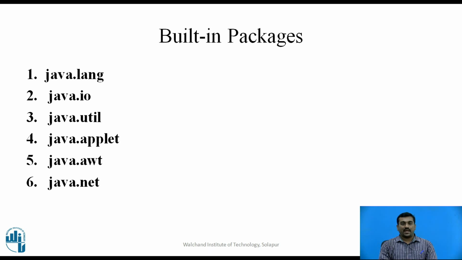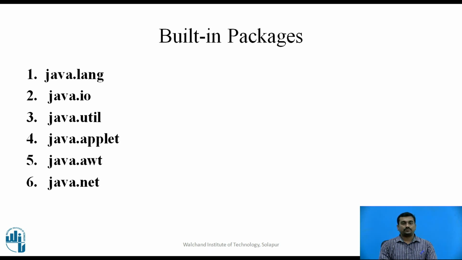The basic classes are defined in the java.lang package, which is by default imported in every Java program which you write. Another built-in package is java.io. io means input output, so the reading and writing related operations are defined in the java.io package.